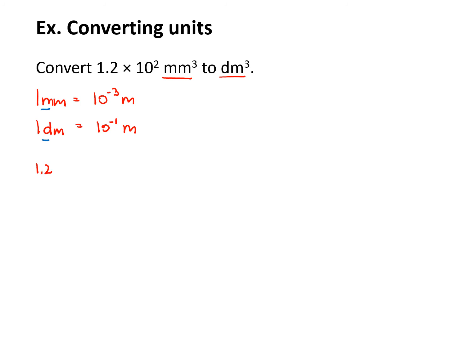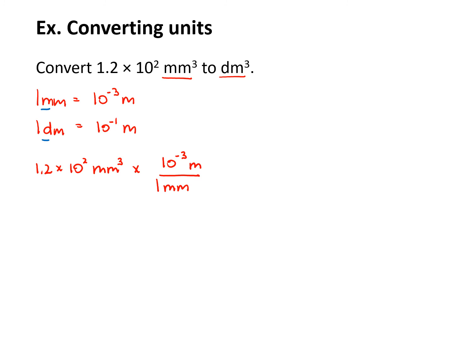So starting with the value of 1.2 times 10 to the power 2 cubic millimeters, which was the value originally given in the question, we can convert our cubic millimeters to meters using our conversion factor of 1 millimeter equals 10 to the minus 3 meters.